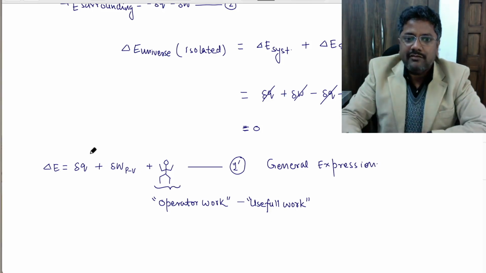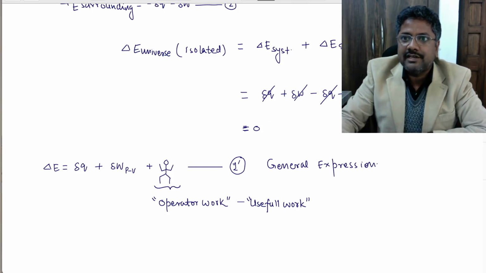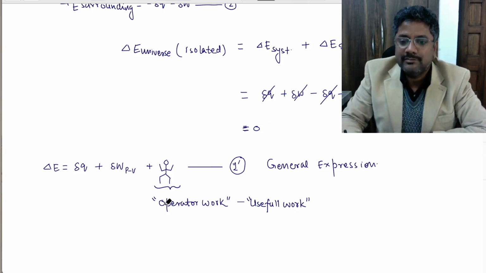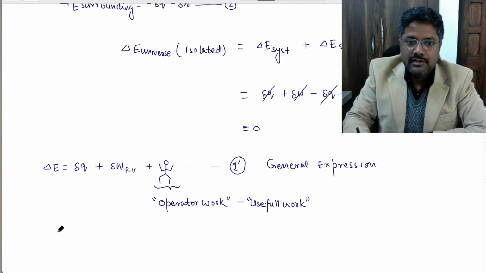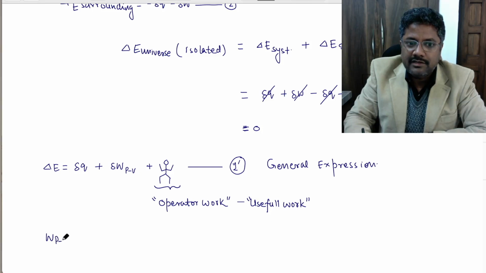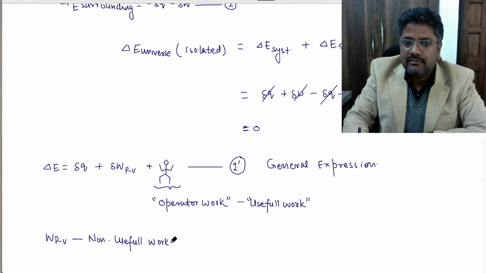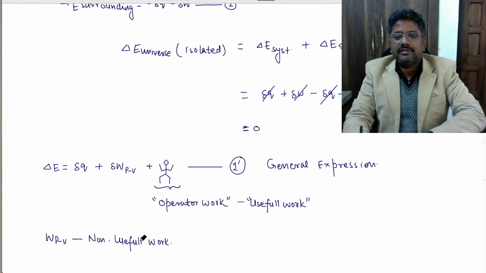So this PV work is termed non-useful work in chemistry. So pressure-volume work, W PV, is called non-useful work. Sometimes you will come across this terminology.